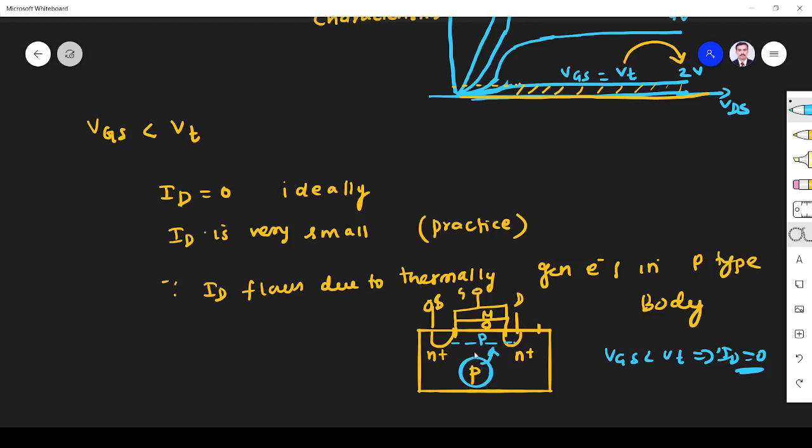Because of that, some current flows between the source and the drain. That is a very small value, and that is the reason the curve starts from here. Ideally ID should be 0, but practically it has some small value.